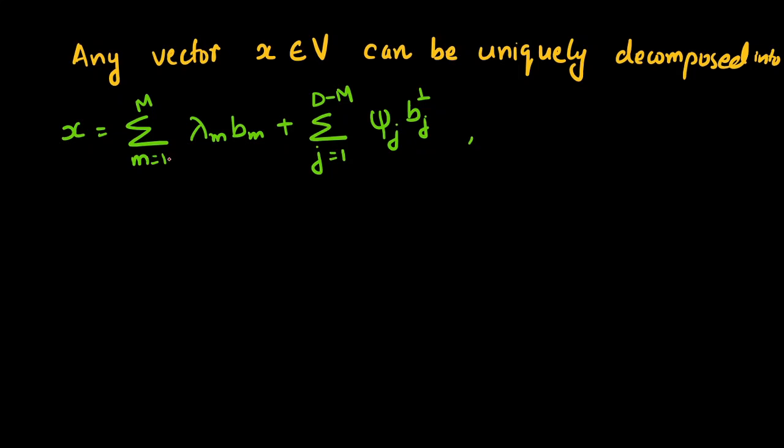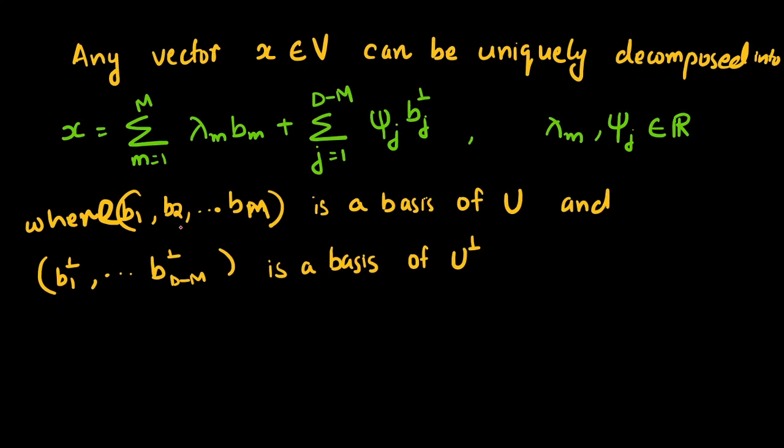So it can be written like the sum over m from 1 to M of lambda m b m, plus the sum over j equal to 1 to D minus M of psi j b j complement, where lambda m and psi j are real numbers and b1, b2, etc. up to bm are the basis of U. So the first part is the basis of U, and the lambda values are the coordinate values.